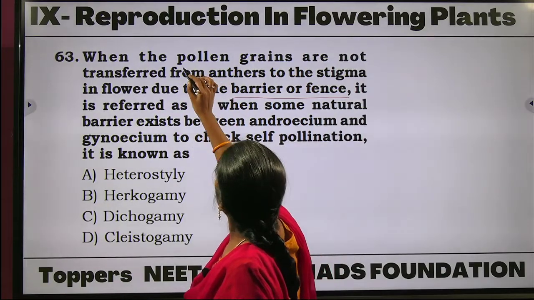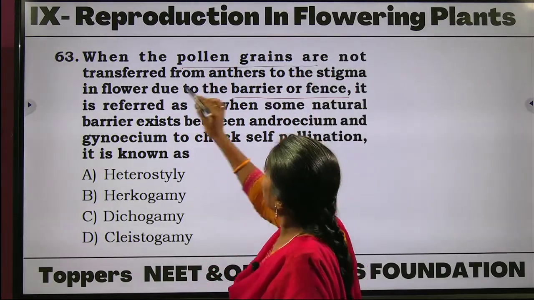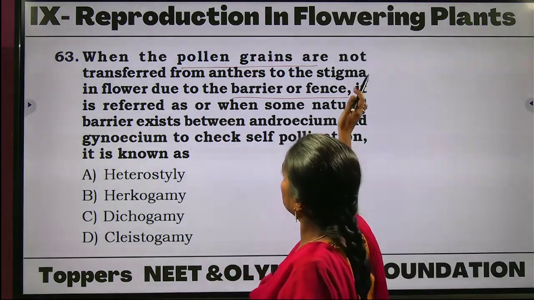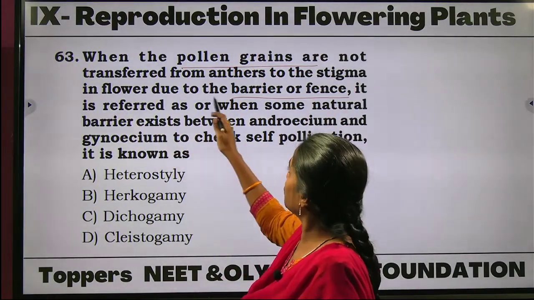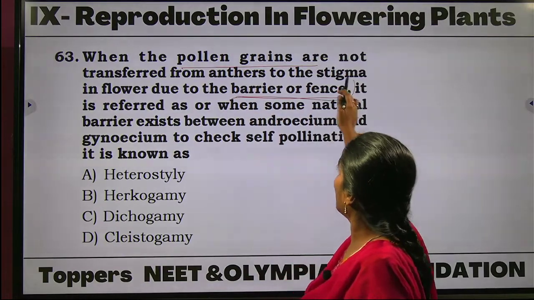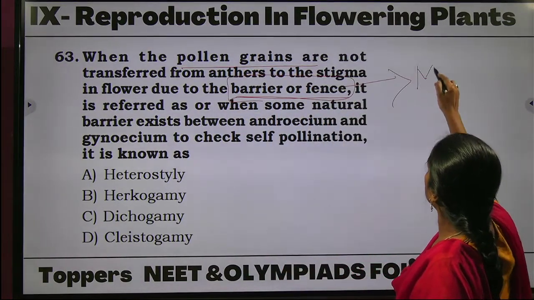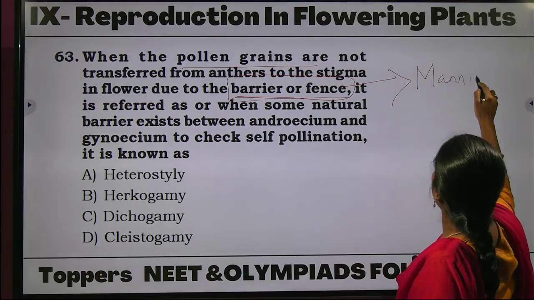When the pollen grains are not transferred from anthers to the stigma in a flower due to the barrier. Barrier or fence is made by a manual process. Manual in the sense artificial.